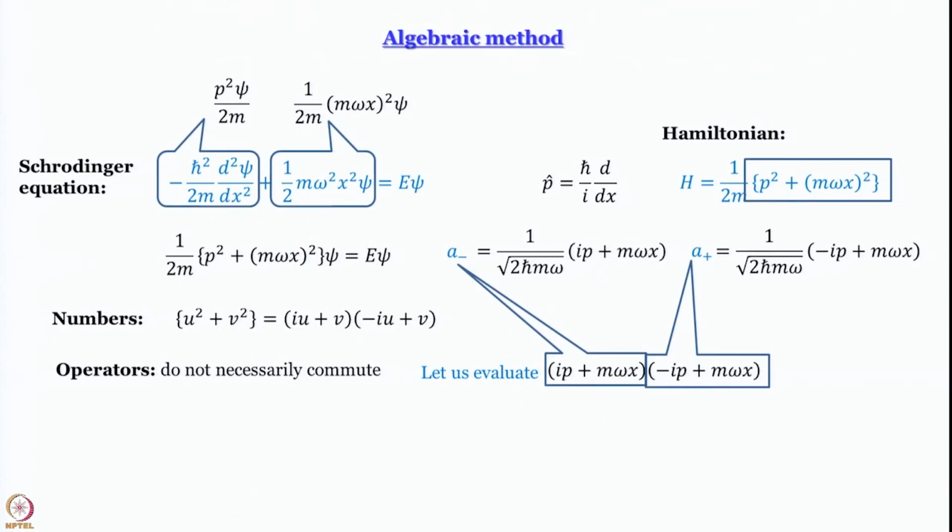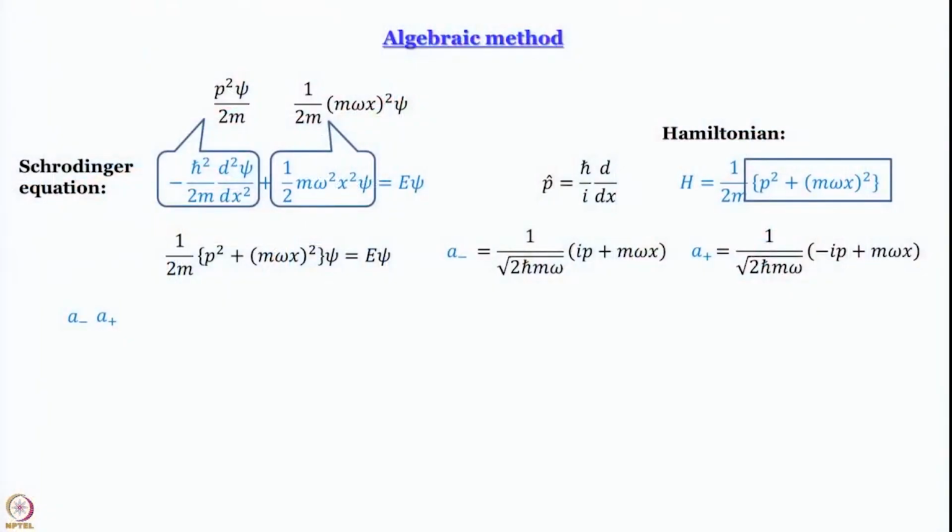There are two ways in which we can work out the product of a minus and a plus. We can either work out a minus a plus or we can work out a plus a minus. Remember the operator on the right operates first on the function, the operator on the left operates next. So, we are going to evaluate a minus a plus.